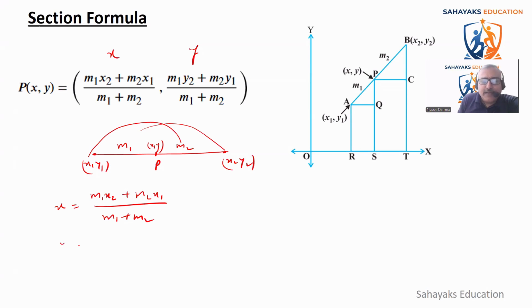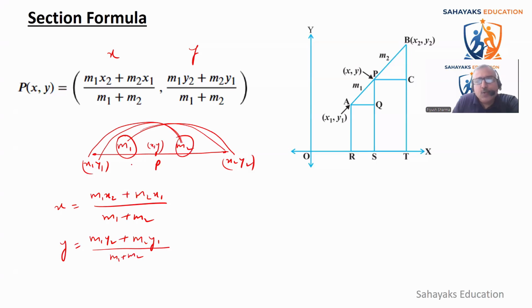And the same goes with y. y will be (m1 y2 plus m2 y1) divided by (m1 plus m2). And m1:m2 is the ratio. It could be 2:3, 5:6, 1:2, or anything.